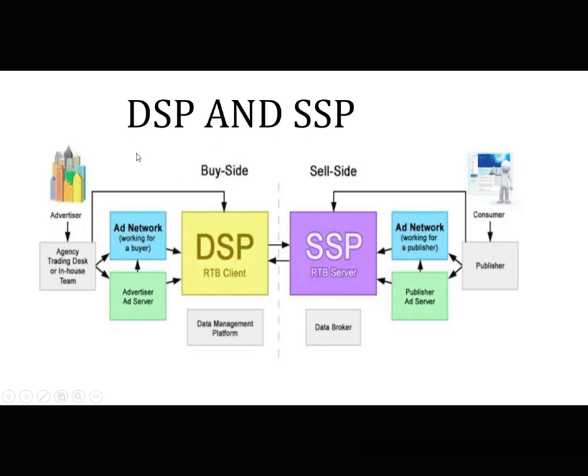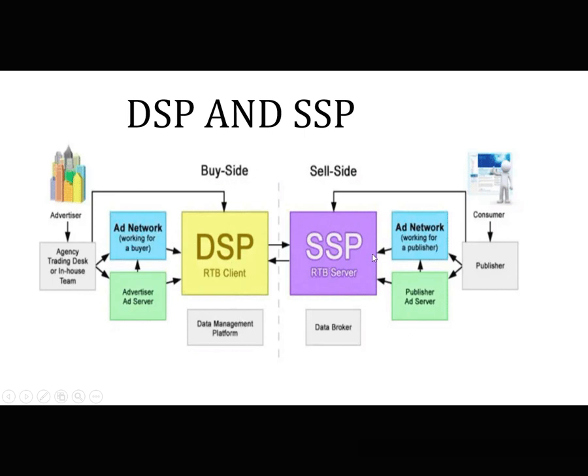So this is the DSP and SSP. This is the advertiser, this is the agency trading desk, which is related to the ad network, which is working for a buyer or an advertiser, and they are also connected directly to the ad server. Then the ad network is connected to a demand side platform. And the demand side platform is also connected to the data management platform, which is a buy side platform.